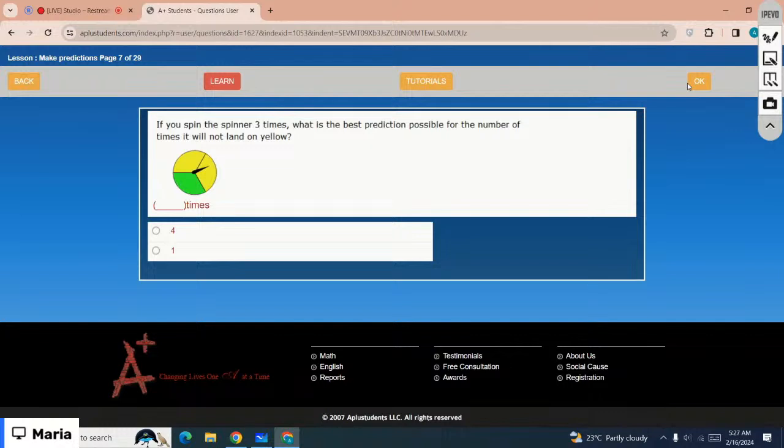The correct option is one, right? Very good. The correct option is one.